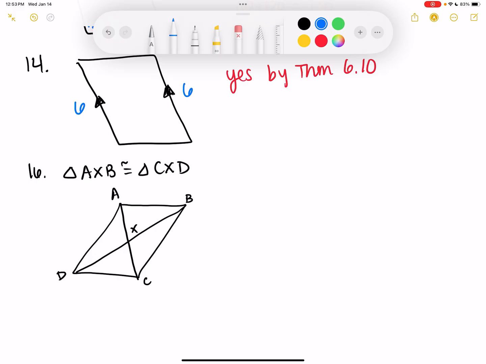Okay, sort of. How do you know that? I think it's 6.4. I'm asking because nothing is marked. AC is congruent to AC and AD. Okay, but again, nothing's marked.